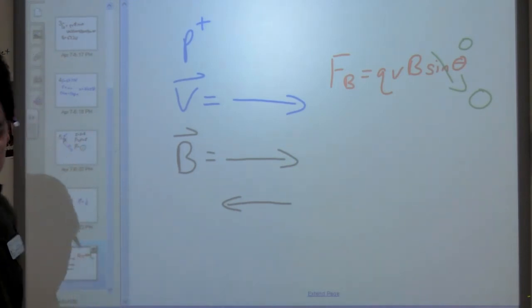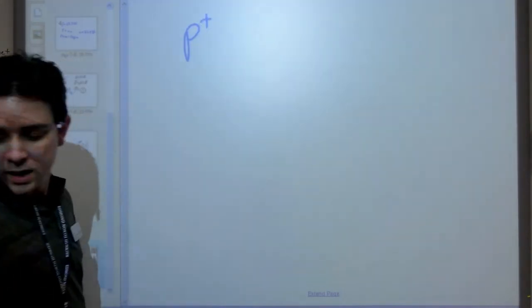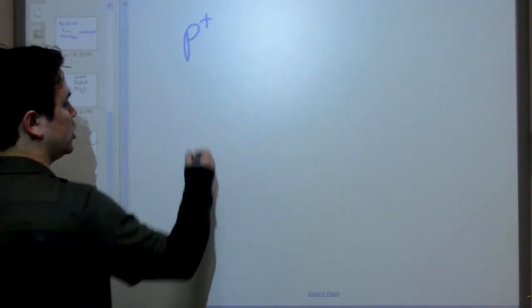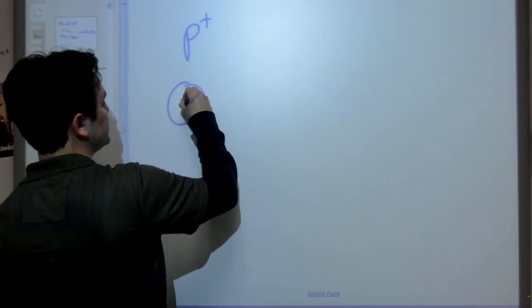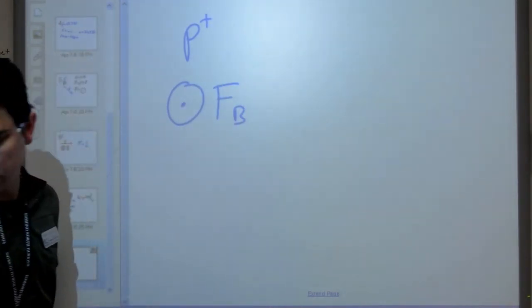Okay? So one of the final ones that we want to look at is finding the missing piece. So, for instance, I'm going to have a positive charge, and I'm going to tell you that that positive charge is experiencing a Lorentz force coming out of the board. So it's coming out of the board towards you.